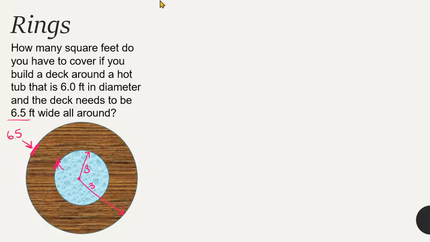So let's try and get this so it's readable. So I'm going to add a 6.5 to get the total radius. So the radius of the big circle is 9.5. Tricky.